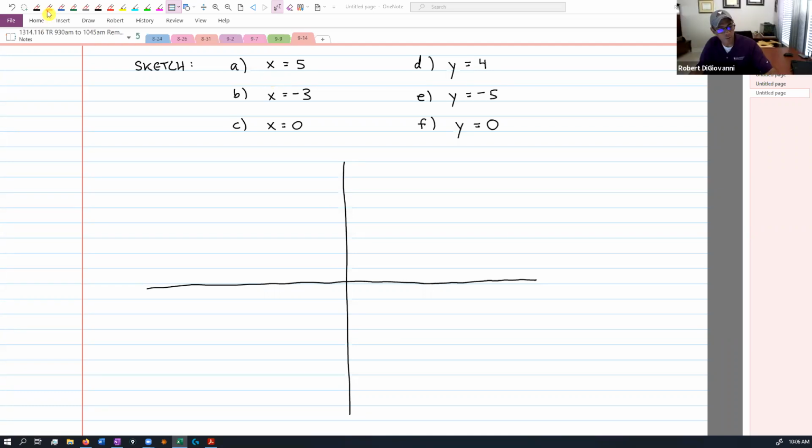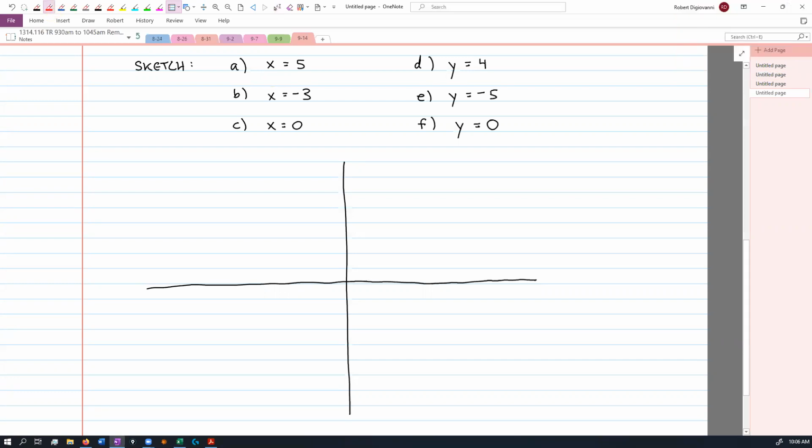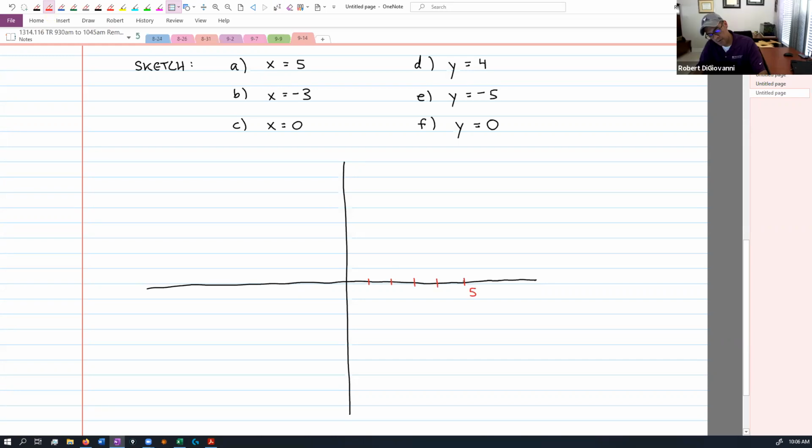Where should I start it? Is it going to hit the x-axis or y-axis? It's a vertical line, right? It's going to hit the x-axis at the value of 5. So it's going to hit here and it's going to be vertical. There we go. That's this one, right?